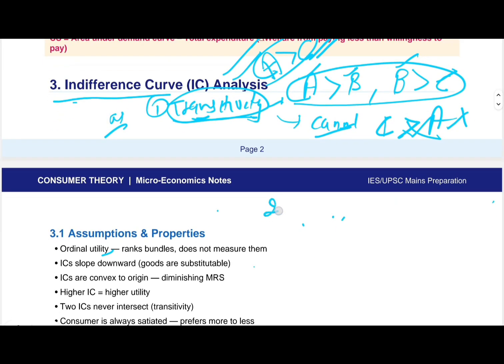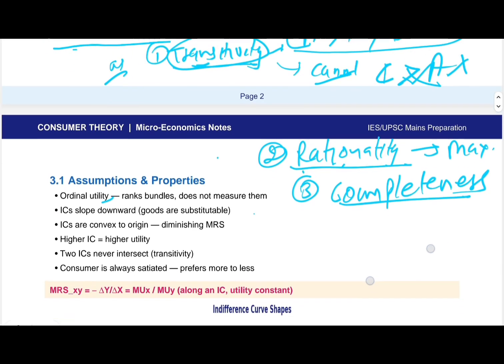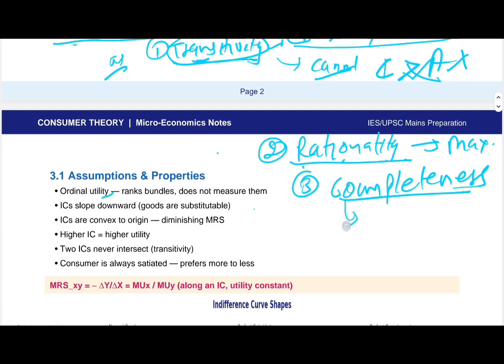And the second assumption is rationality, which we have seen in the cardinal utility approach as well, that the consumer is maximizing their utility given the constraint. The third assumption is completeness. What does it mean? Every single bundle can be ranked.